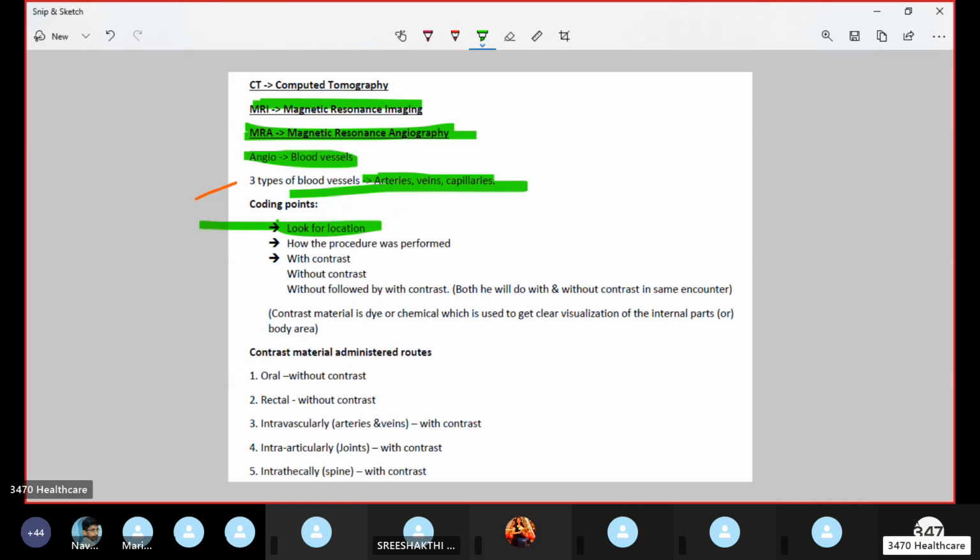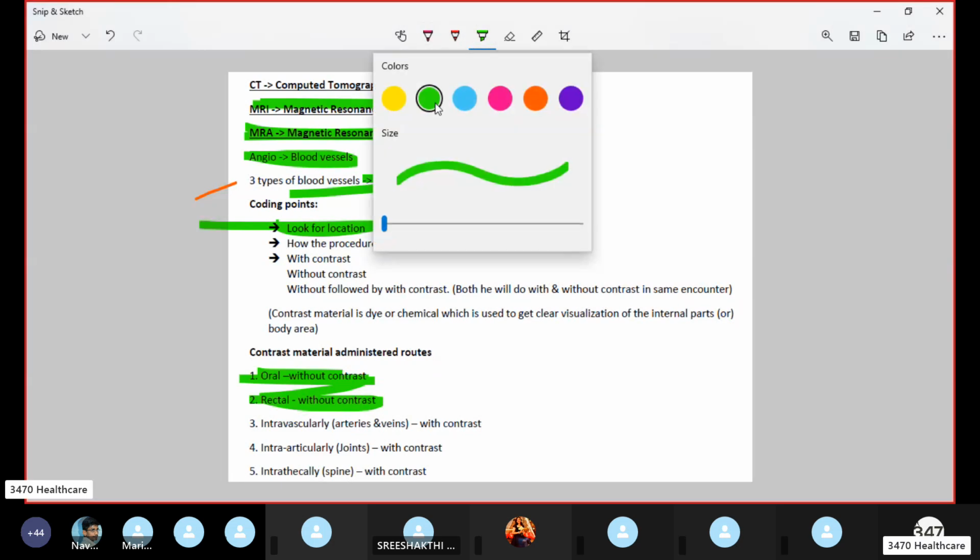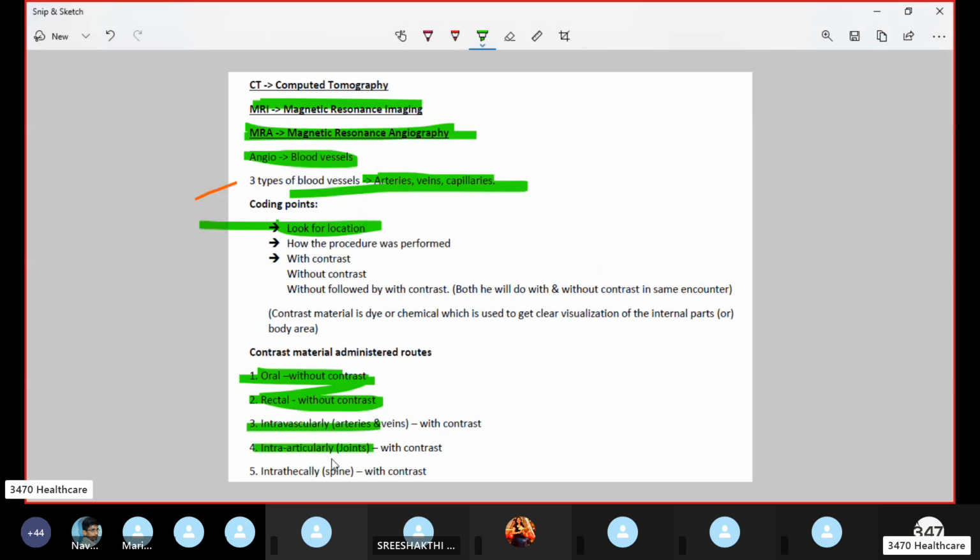Okay. So you need to know that. Then contrast material given through oral and rectal is considered without contrast. Contrast material given through intravascularly, intraarticularly, intrathecally is for with contrast.